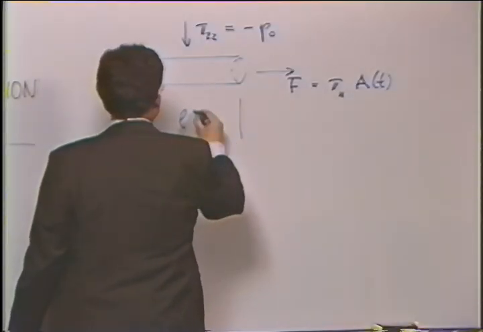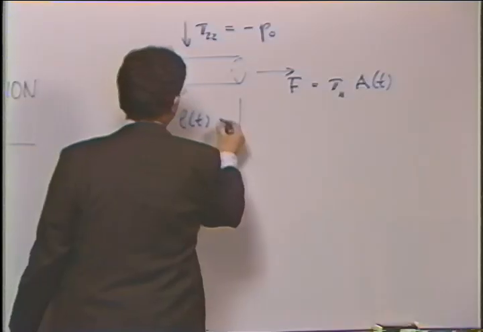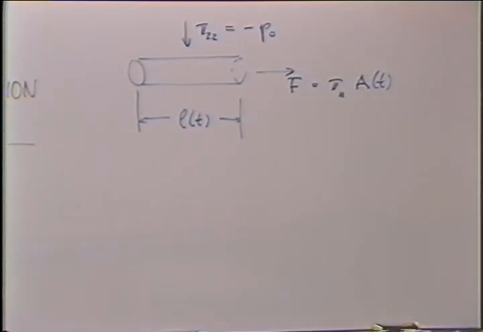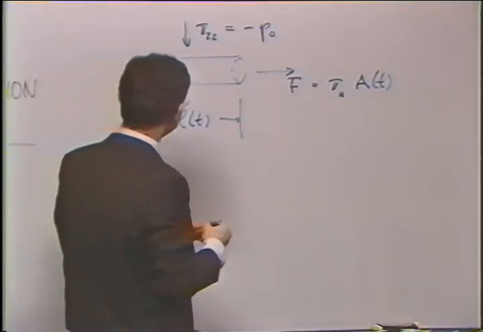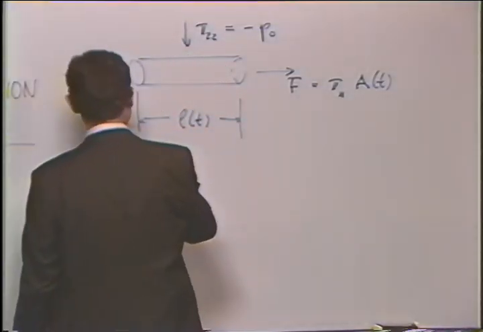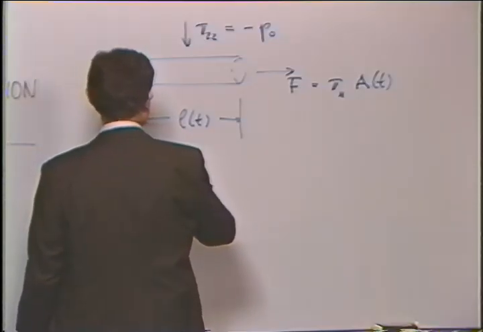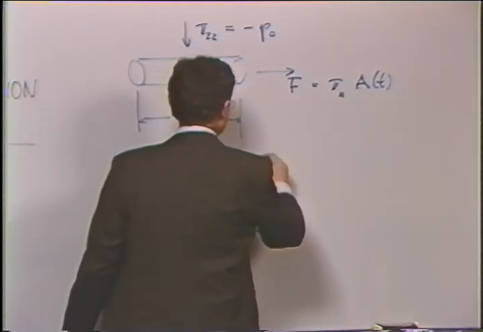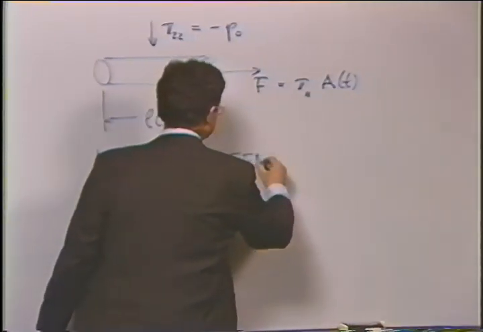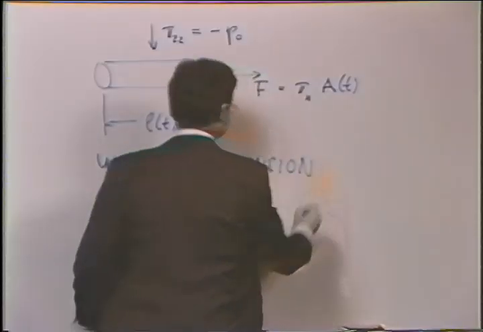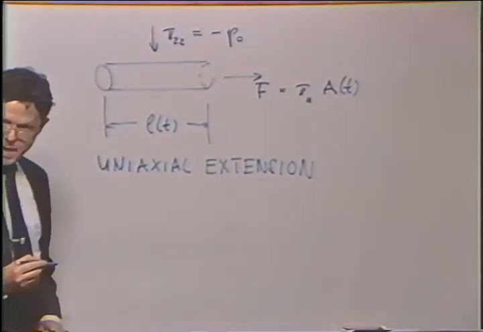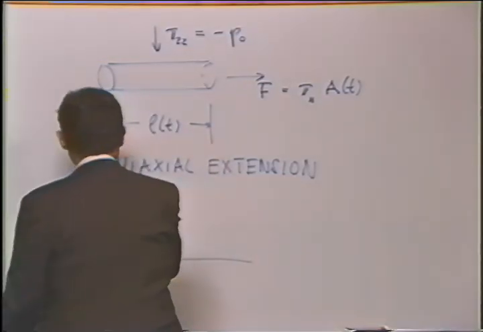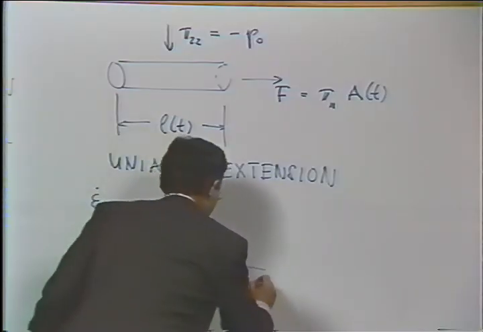We also have to specify the kinematics. We would want to say that L is the length of this fiber, and the whole experiment is called uniaxial extension. In an experiment in which we would like to measure the material function, we would prescribe the extension rate as a function of time.